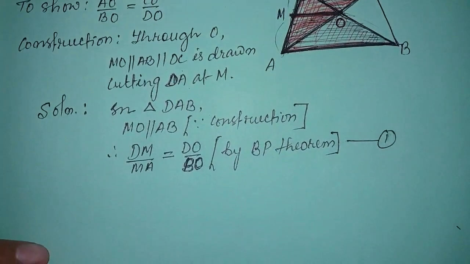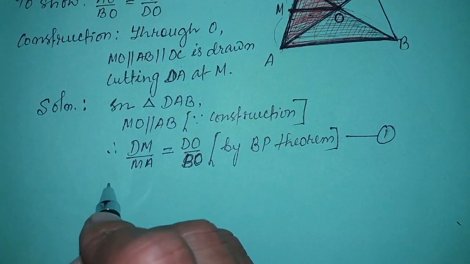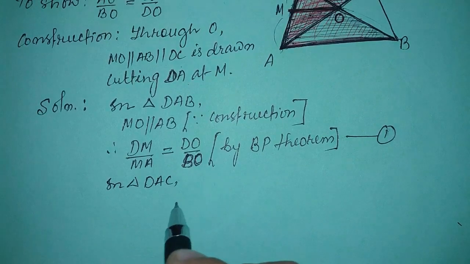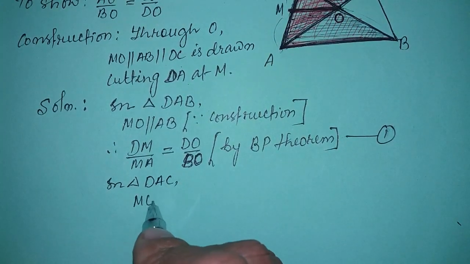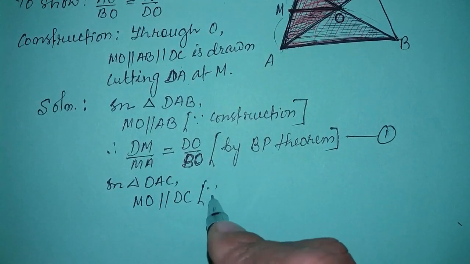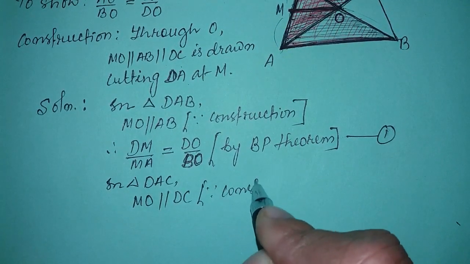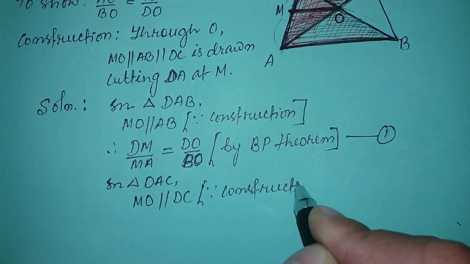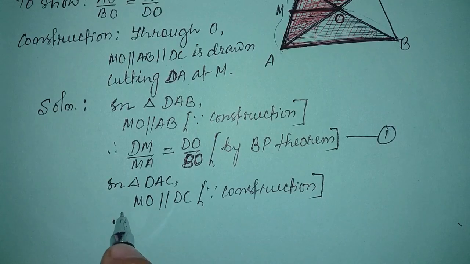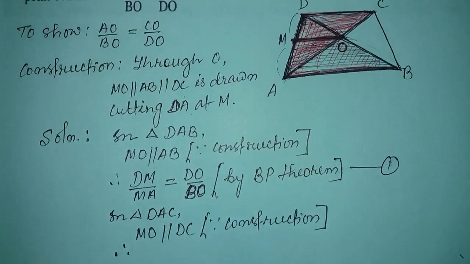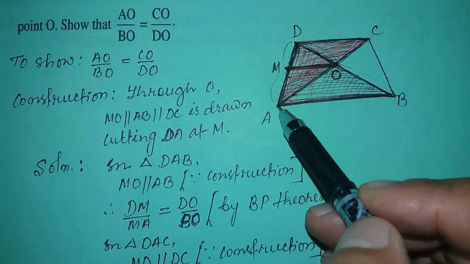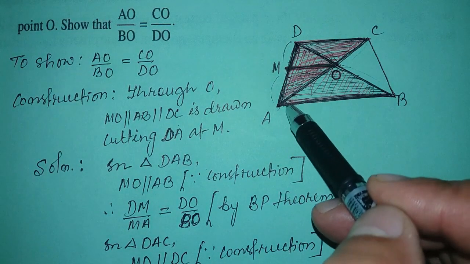So here in triangle DAC, MO is parallel to DC. This is from the construction. Therefore again here we can say DM by MA is equal to CO by OA.